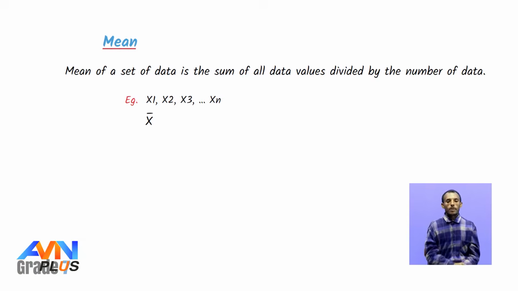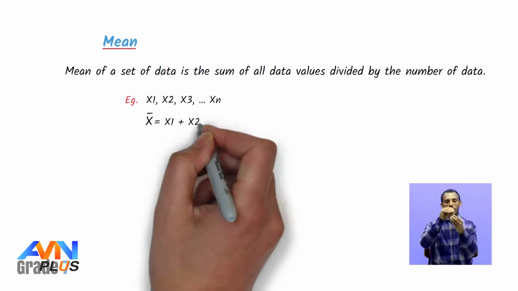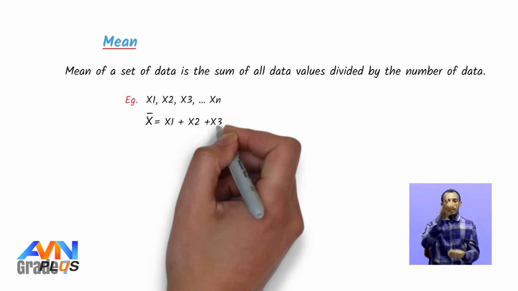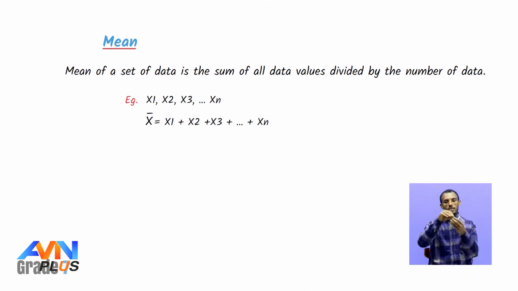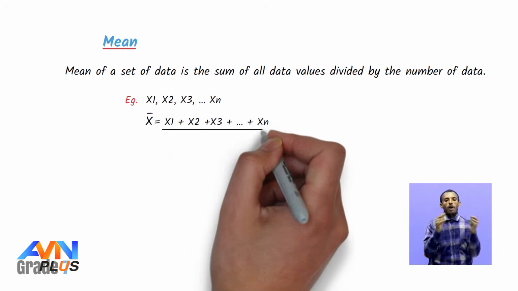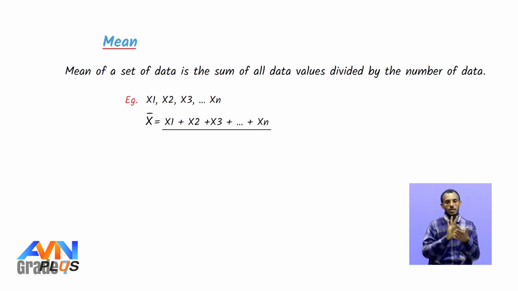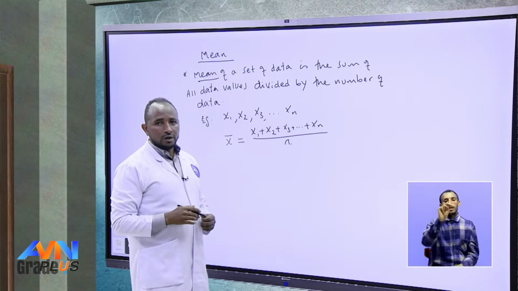So this mean is equal to the sum of the data values x1, x2, x3 up to xn, divided by the number of data. Here we have n data. So you add all data values and divide by the number of data. This is how we calculate mean.